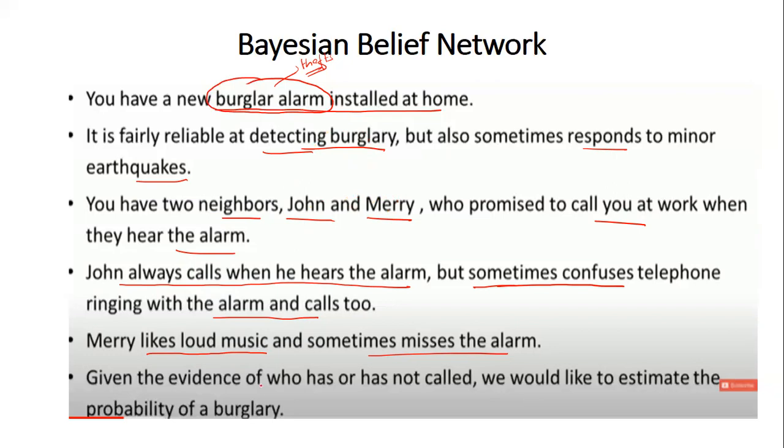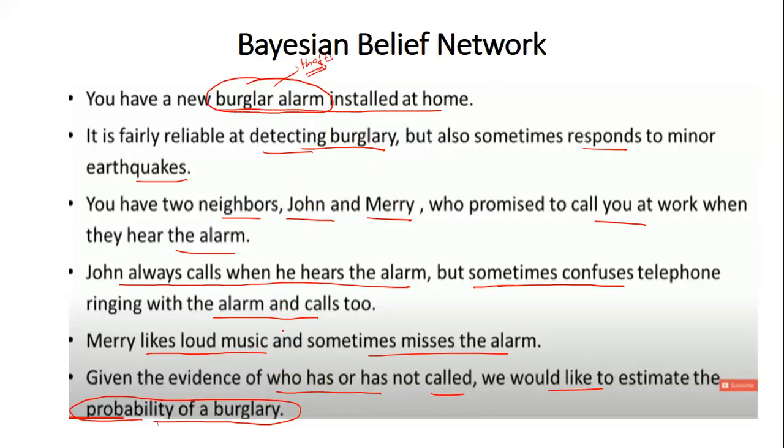Everything can be represented as probability here. So given the evidence of who has called or who has not called, we would like to estimate the probability of a burglary.